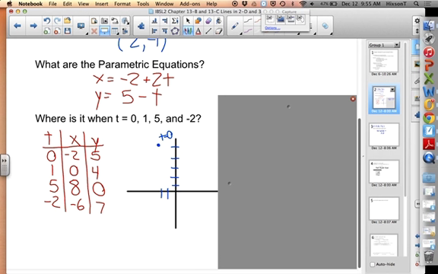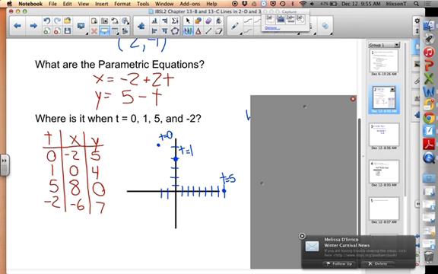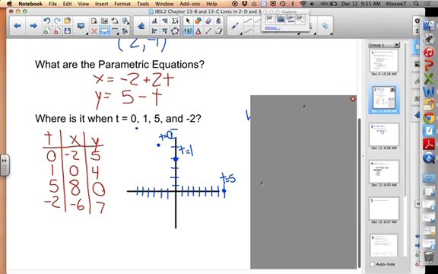Then I have the point 0, 4, and next to it I would put t equals 1. Then 1, 2, 3, 4, 5, 6, 7, 8. 8, 0 has a t equal to 5. And -6, 7 we would have t equal to -2. So here's our line.